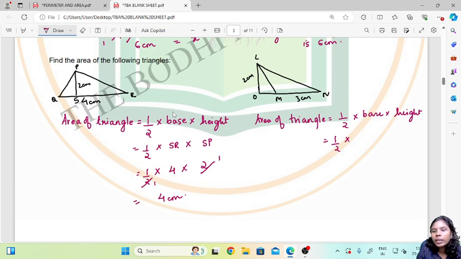So you have MN, and height is OL. So half into MN is 3, into OL is 2, this you cancel out. So area is 3 centimeter square. So like this we can find the area of a triangle.